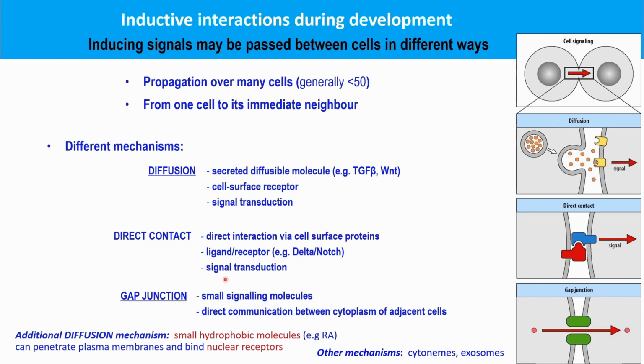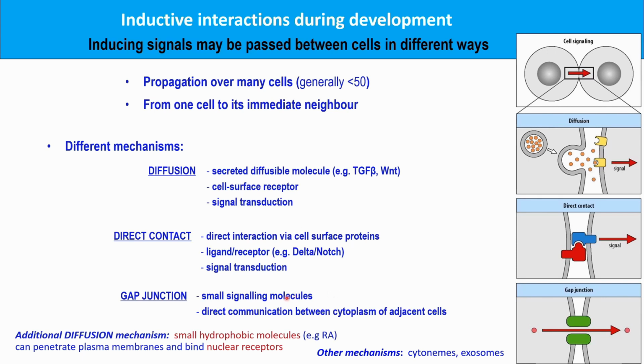But also some small signaling molecules can travel through gap junctions. These are proteinaceous structures that join cells on the lateral membrane, and small signals can pass from one cell to the other, and we can have direct communication between the cytoplasm of adjacent cells, and this is one way in which an inductive signal could be sent.